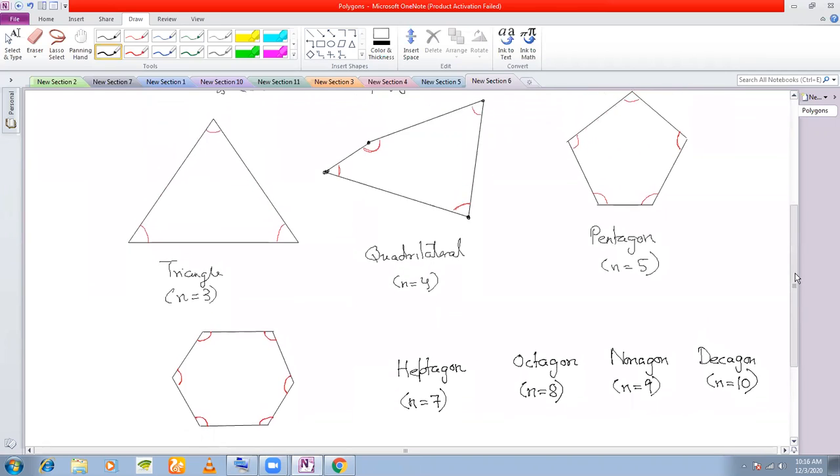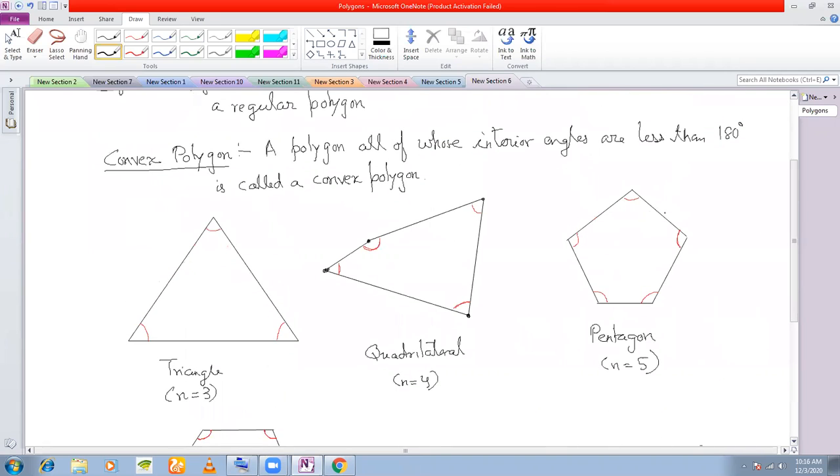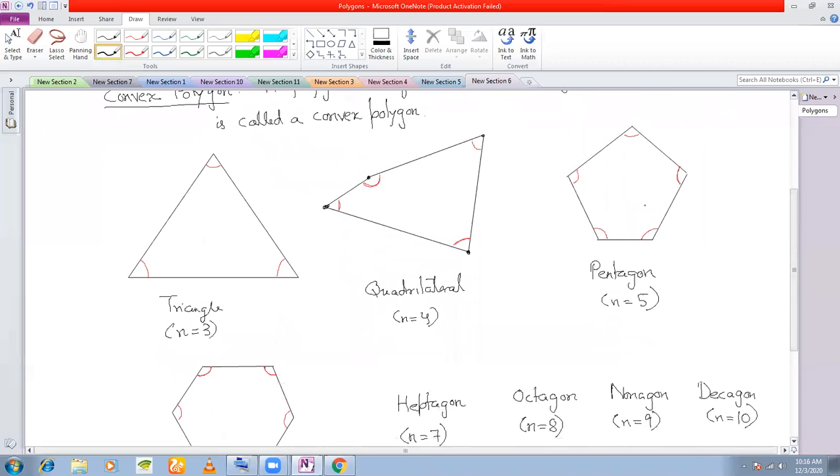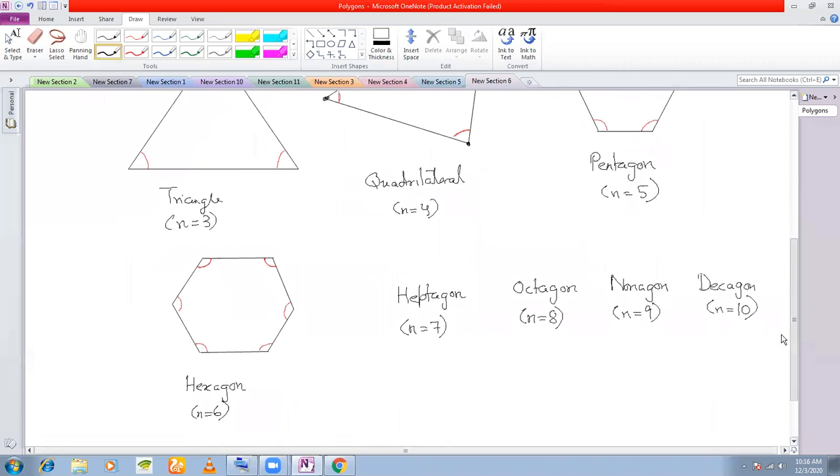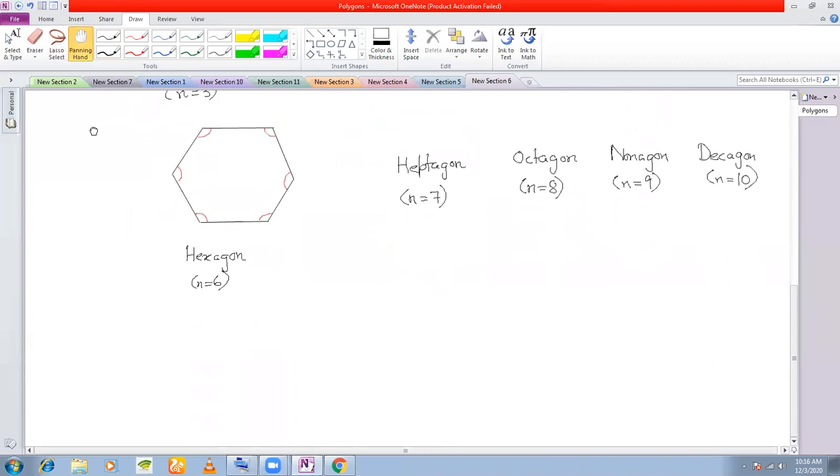Each of these which I have drawn are all convex. Why are they convex? Because each of these interior angles is less than 180 degrees. Next, what do you mean by a concave polygon?